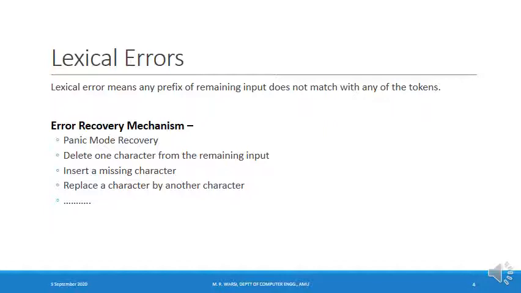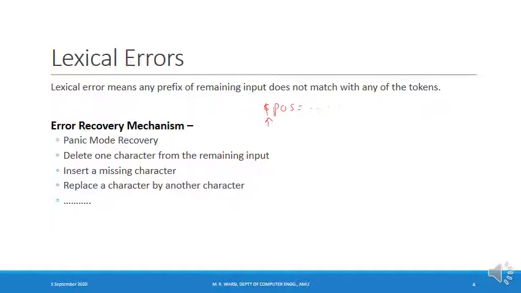First example is $POS is equal to some expression. And let's assume that dollar is not a valid alphabet for the language in hand. On seeing the dollar, lexical analyzer doesn't know how to process this and it will generate error, and this error is an example of lexical error.